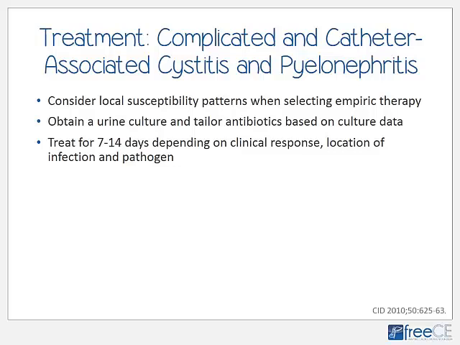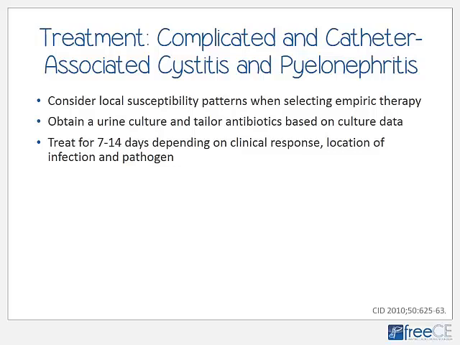I think it's also really pertinent that a urine culture is obtained and that you tailor the antibiotics based on that urine culture. Just because we talk about typically these pathogens tend to be more resistant doesn't mean that they will be, which is why that urine culture is so important. You want to start a little bit broader and then consider narrowing to something that is significantly narrower, really to help in terms of preserving antibiotics for more significant, more drug-resistant organisms.